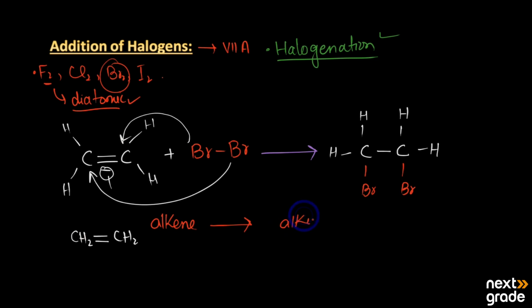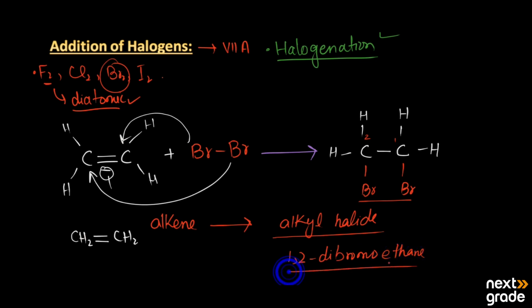In this reaction we have converted an alkene into an alkyl halide. So the name of this compound will be, as there are two carbon atoms, the parent name ethane, and the two bromines will be named as 1,2-dibromoethane.